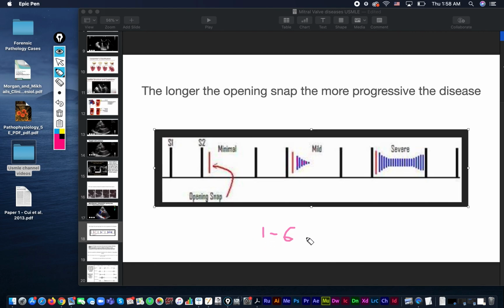Anything less than 3 is not to be worried. Any murmur higher than 3 is when you should try to make a diagnosis.